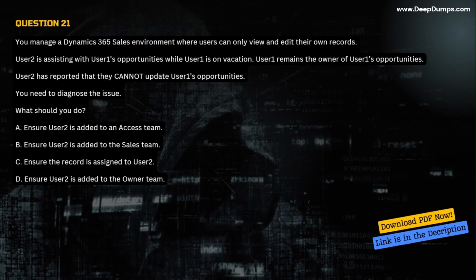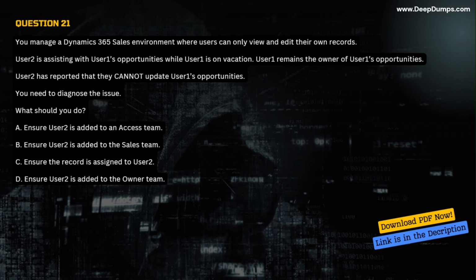Question 21. You manage a Dynamics 365 sales environment where users can only view and edit their own records. User 2 is assisting with User 1's opportunities while User 1 is on vacation. User 1 remains the owner of User 1's opportunities. User 2 has reported that they cannot update User 1's opportunities. You need to diagnose the issue.